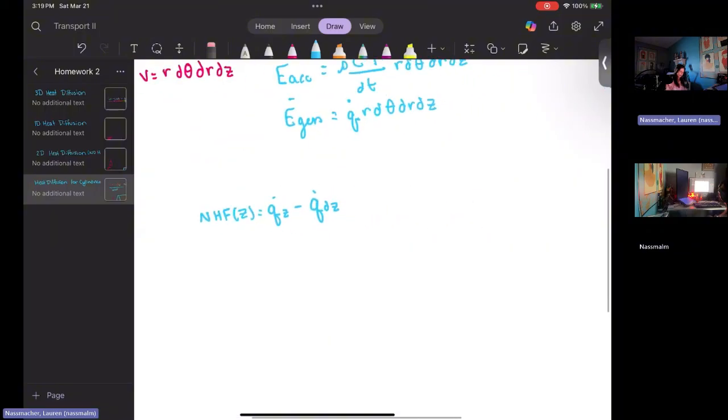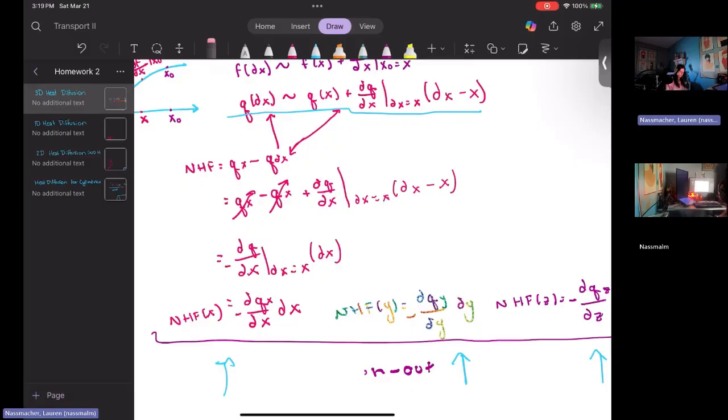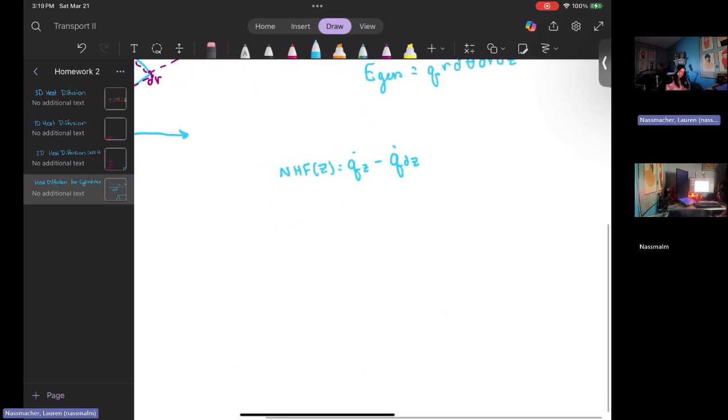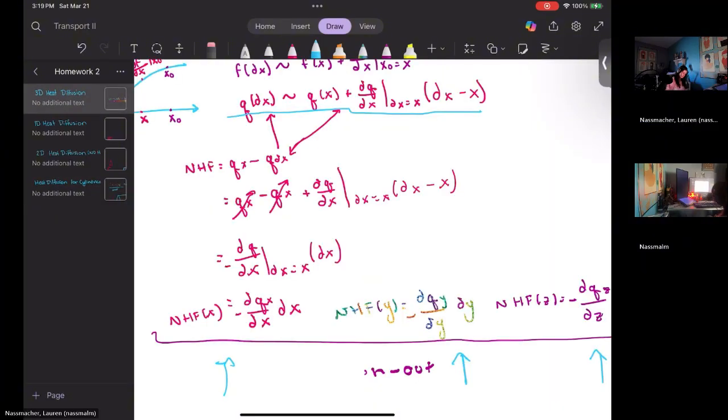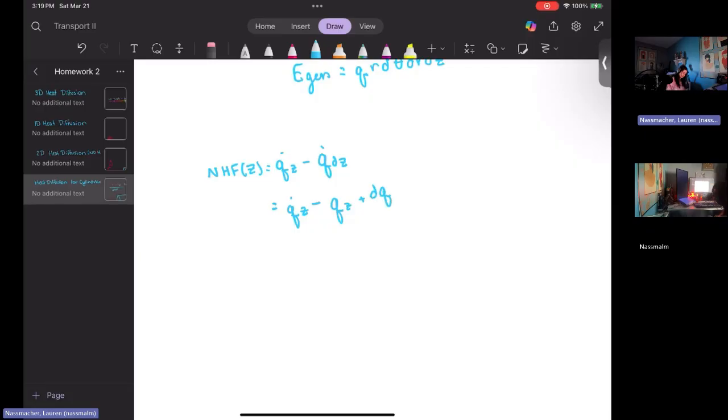So since we know that our heat flow in the dz direction is equivalent to this equation right here, we can substitute that in and find that our net heat flow in the z direction is equivalent to our heat flow at z plus dz minus our heat flow at z.